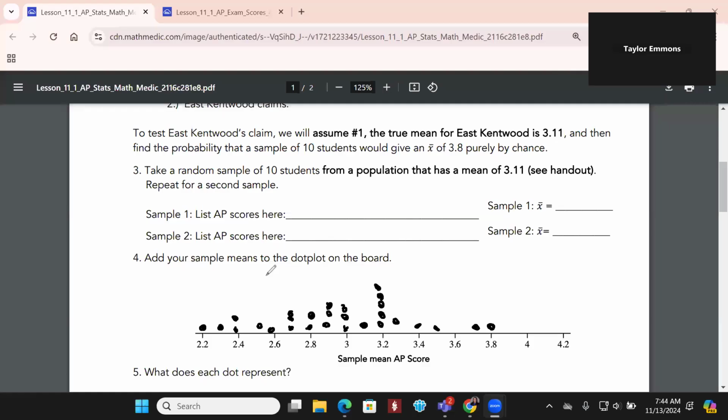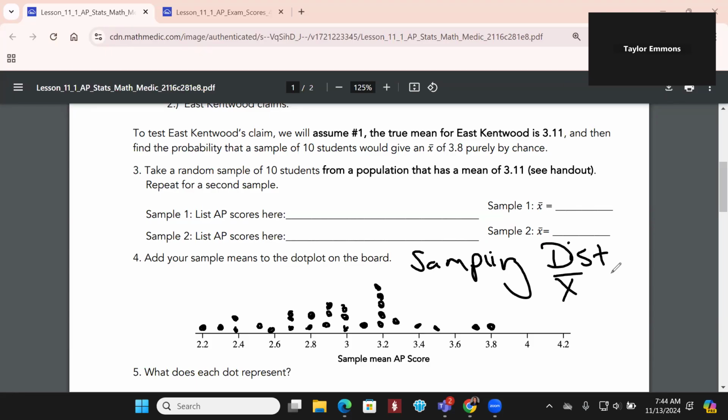All right, this is called a sampling distribution of X bar. You have to, if you do a dot plot on your FRQ, which they're probably gonna make you do at least one, you got to label. Like, what is this talking about? It's a sample. It's talking about the distribution, and we're talking about X bar. And then looking at the bottom, the sample mean of the AP score.